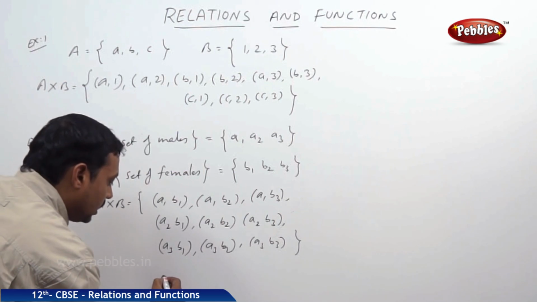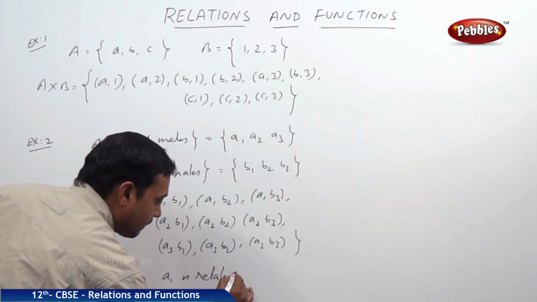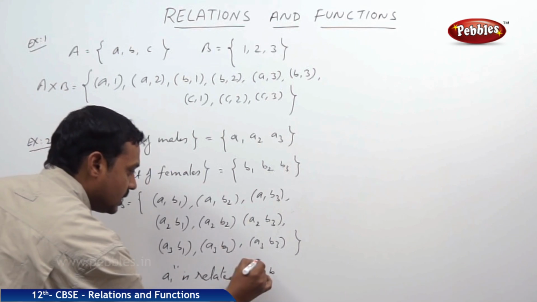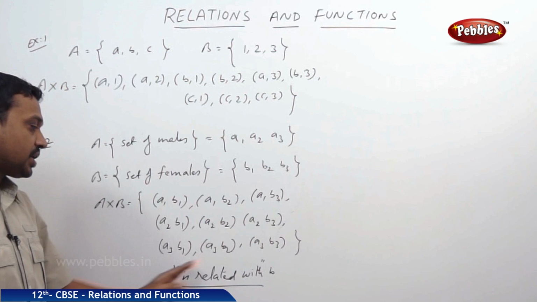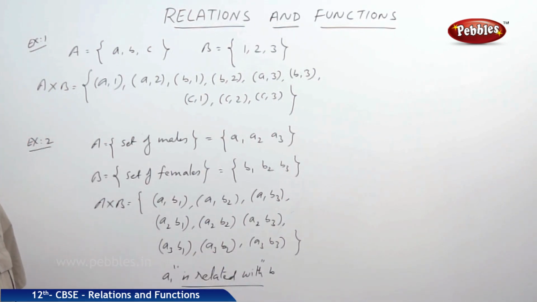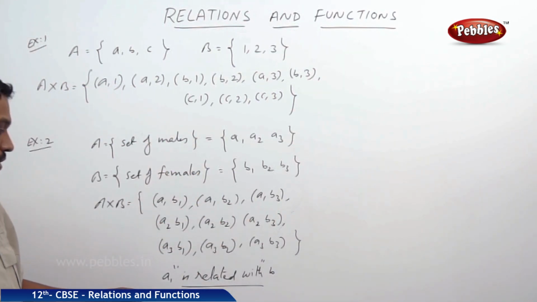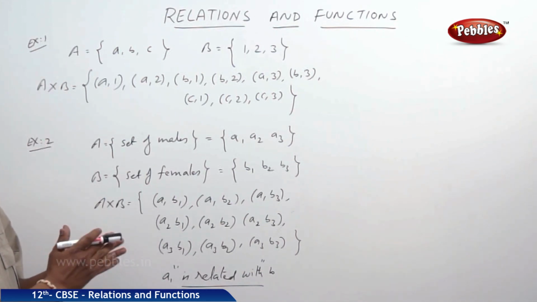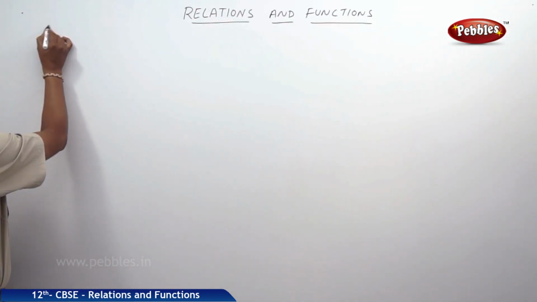Now here A1 is related with B. That is the connection between the two objects. This type of connection is known as a relation. So relation is nothing but a connection between two objects.